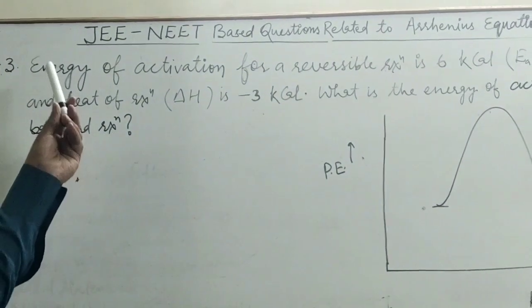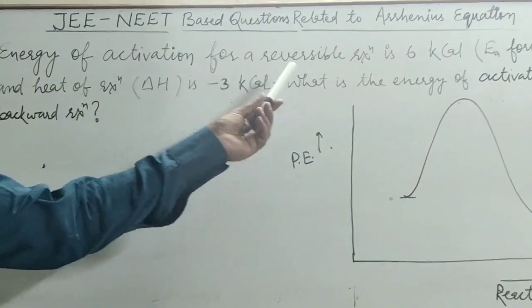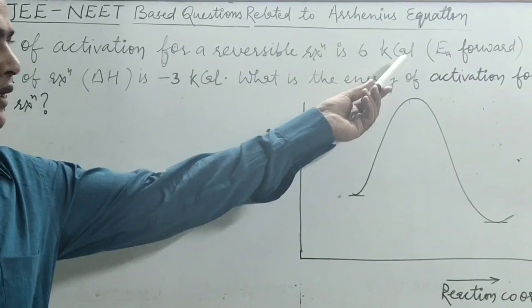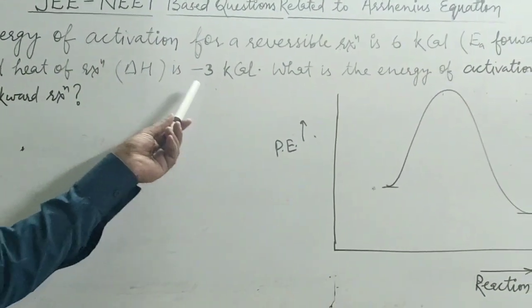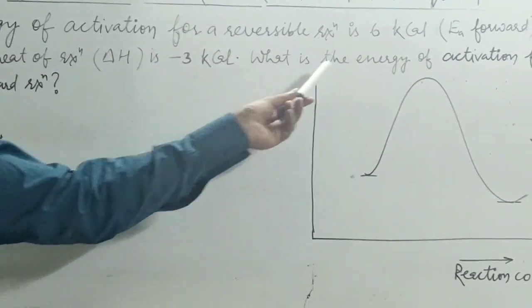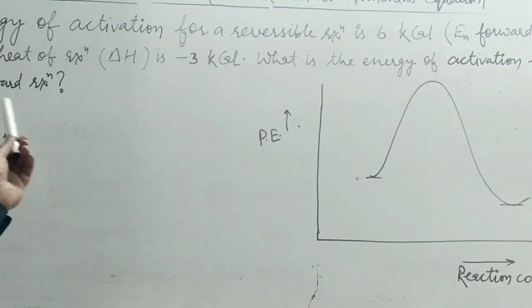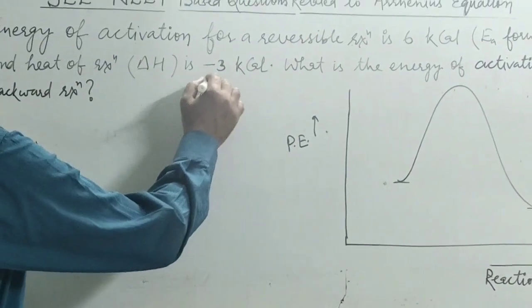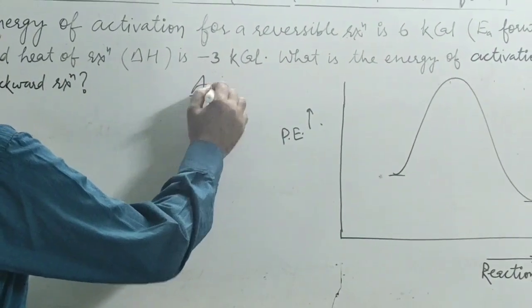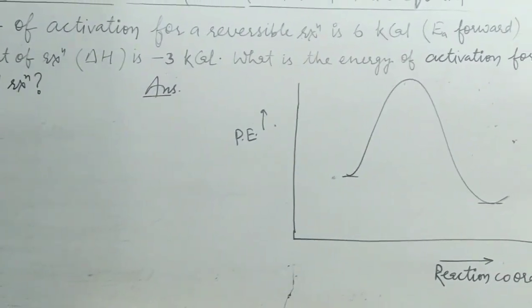Now the third question is, energy of activation for a reversible reaction, Ea forward, is 6 kilocalorie and heat of reaction delta H is minus 3 kilocalorie. What is the energy of activation for the backward reaction? To solve this question, you have to plot the graph between potential energy and reaction coordinate.